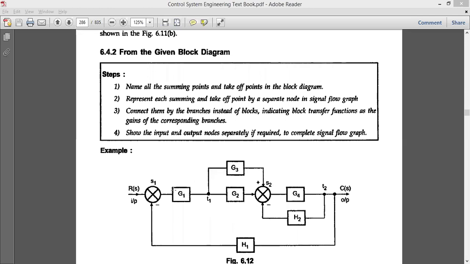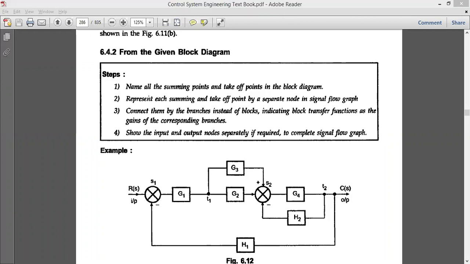If you have more than one summing point, represent them by S1, S2, S3, S4. It can be any number. Similarly, if you have takeoff points, represent them as T1, T2, T3 and T4. So the first step in the transformation is to name all the summing points and the takeoff points in the block diagram. Right, this is the question which is given, and we have labeled it.